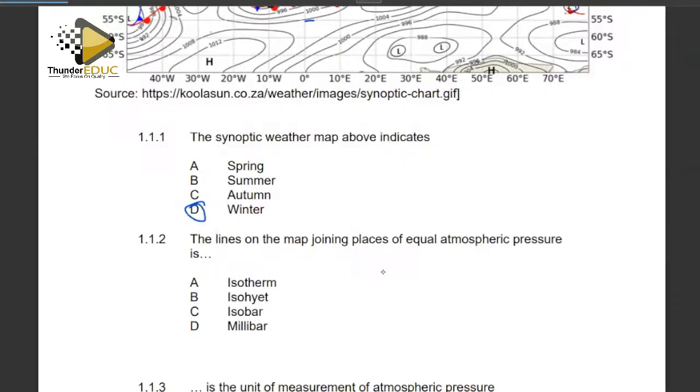The lines on the map joining places of equal atmospheric pressure, those are what we call the isobars. These ones, the isotherms, they are for temperature. They join places of the same temperature. And these ones are for rainfall.